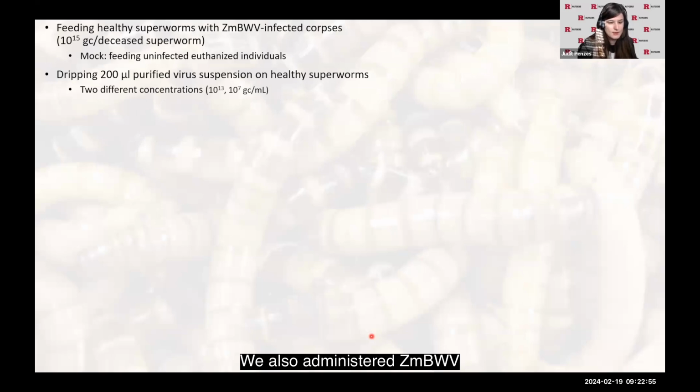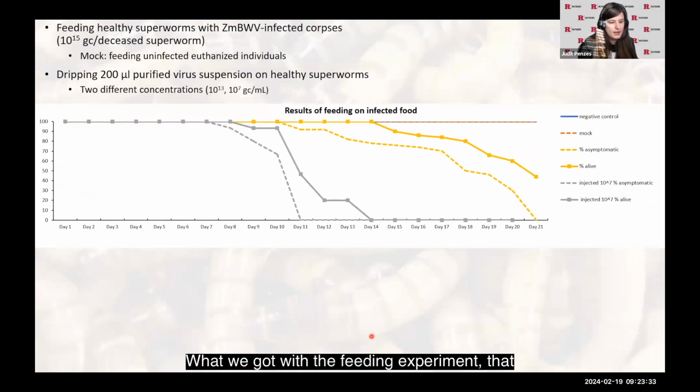We also administered ZMBWV to these superworms by non-invasive methods, including exploiting the natural cannibalistic instinct of the larvae. So we simply offered them the blackened carcasses, for which we knew the virus titer, and let them eat these, as well as dripping the virus suspension at 2 different concentrations directly on their cuticle.